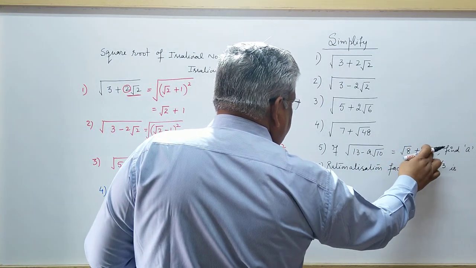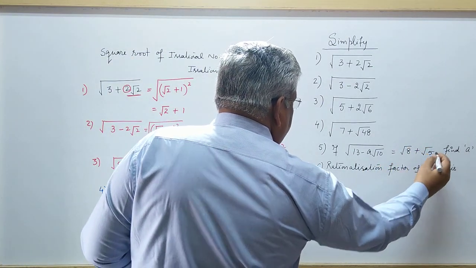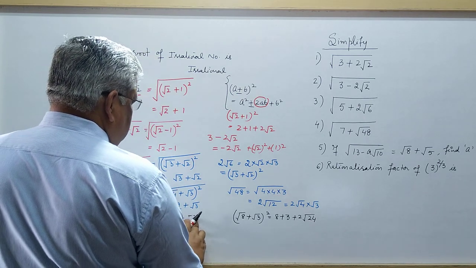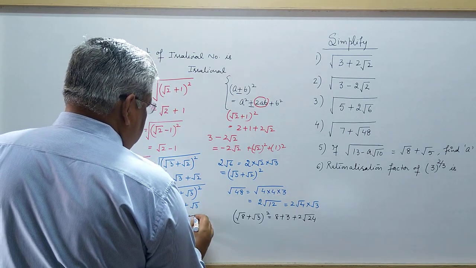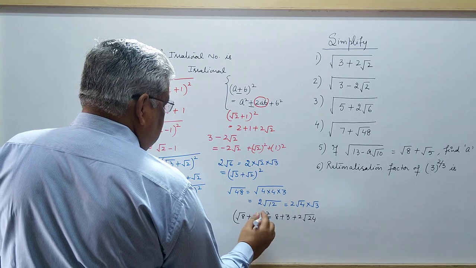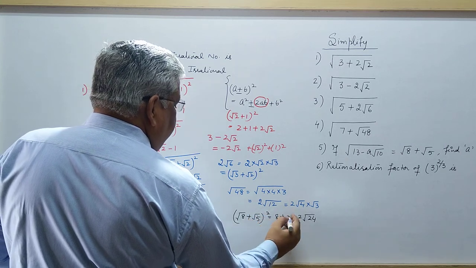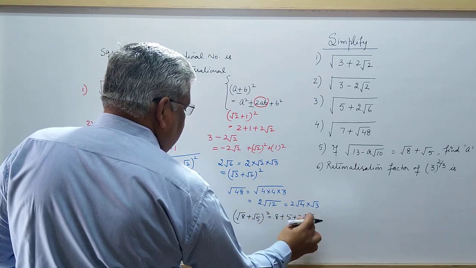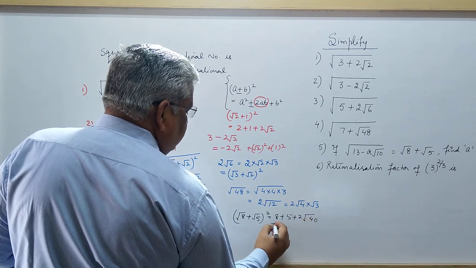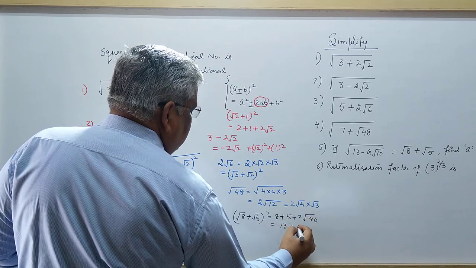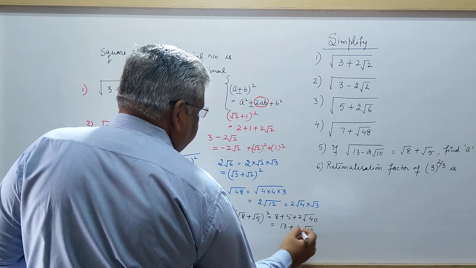This is not 3, this should be 5. 8 plus 5 plus root 40. 13 plus 4 root 10.